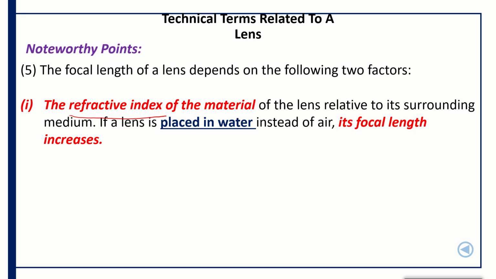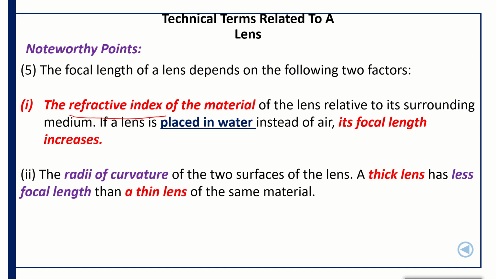If a lens is placed in water, we have to consider the refractive index of the glass with respect to water, and that is going to increase the focal length, because the relative refractive index is changing, so the focal length is increasing here, right? So the refractive index of the material of the lens relative to its surrounding medium will decide the focal length of the lens.